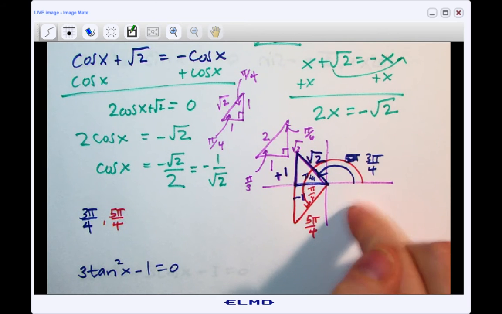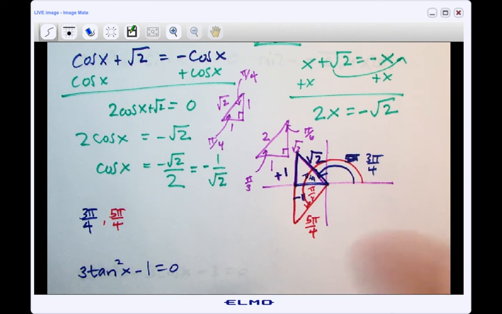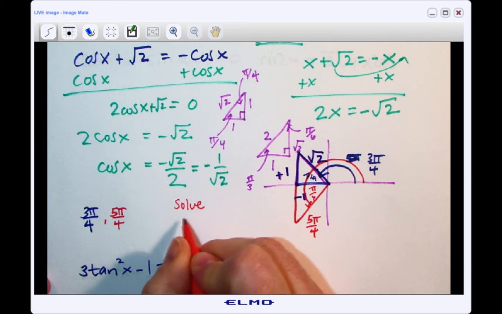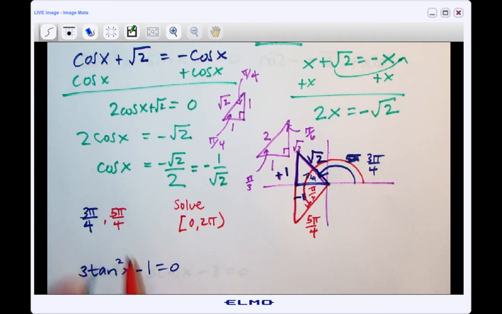I know there's no solutions here and there's no solutions here because these would be positive cosines. So if the directions were solve in the interval 0 to 2 pi, then these would be my solutions. Those are the only two solutions.